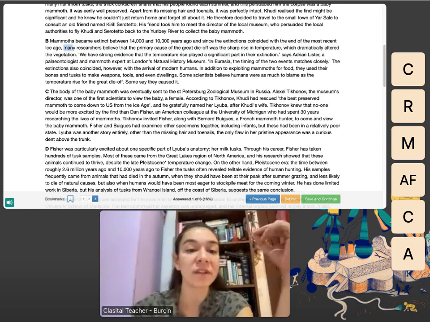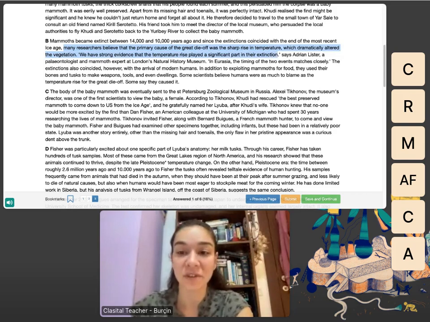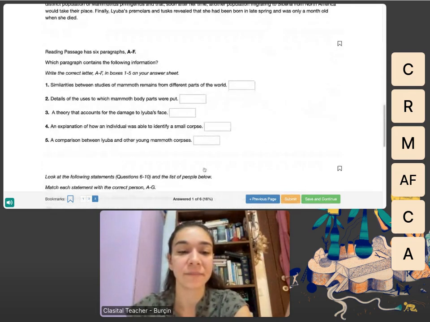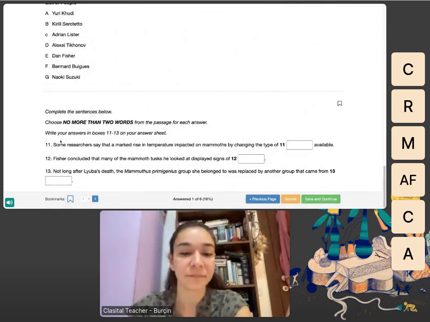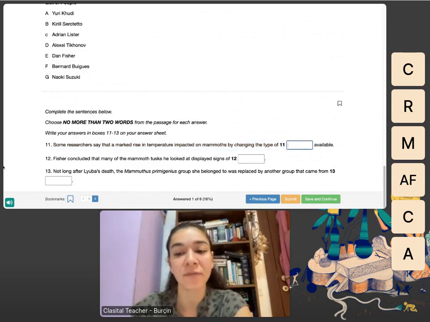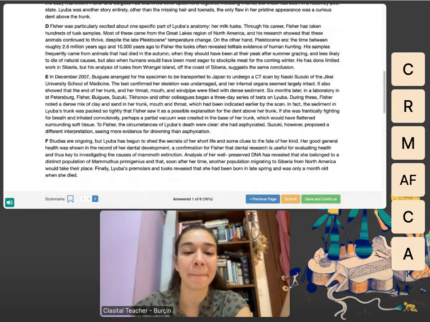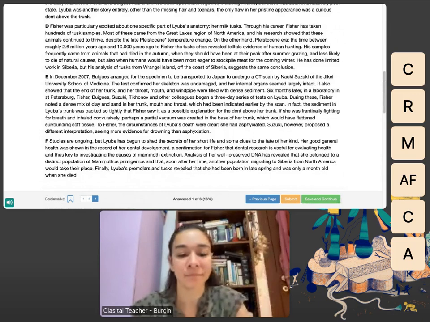It says many researchers believe that the primary cause of the great die-off was the sharp rise in temperature, which dramatically altered the vegetation. Some researchers say that a marked rise in temperature impacted on mammoths by changing the type of something. Do you have an answer? Let me write this one to you.